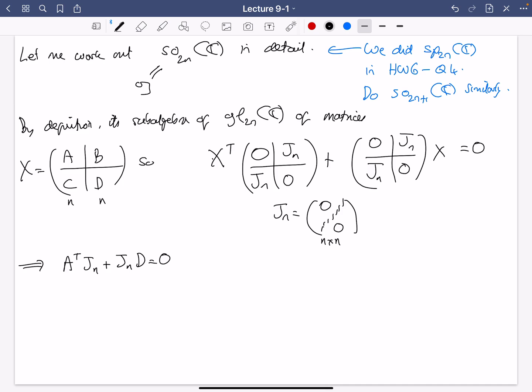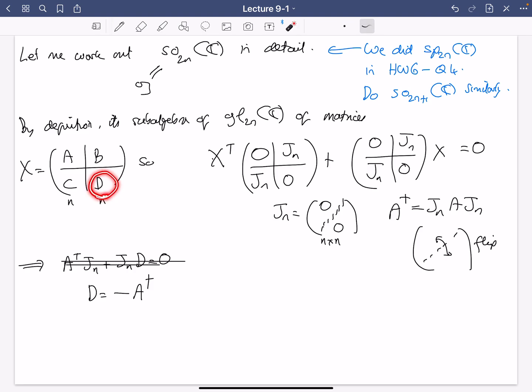But it's better to write that equation as saying that D is minus A dagger, where I write A dagger for J_n A^T J_n. So conjugating by this matrix J_n. This is just a natural operation. It's just flipping, not in the main diagonal, but in that odd diagonal there. So that's this dagger map. So it's saying that the n by n matrix D is minus dagger of the n by n matrix A.